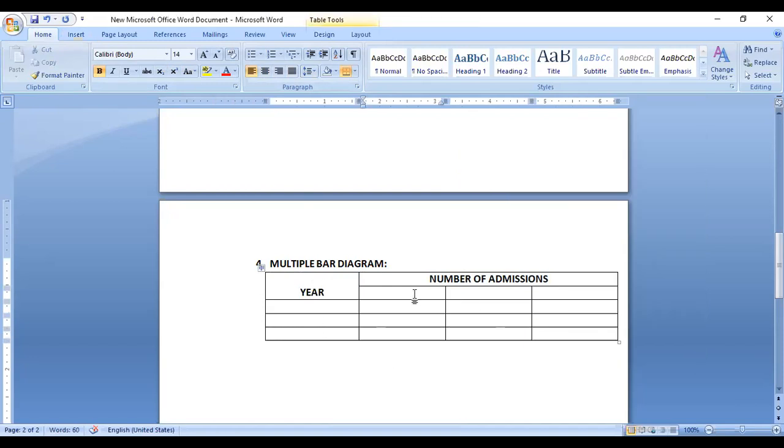So number of admissions in BA, BCom and BSc, three courses we will observe. Number of admissions, how multiple bar diagram will be used for depicting this data, we will see.